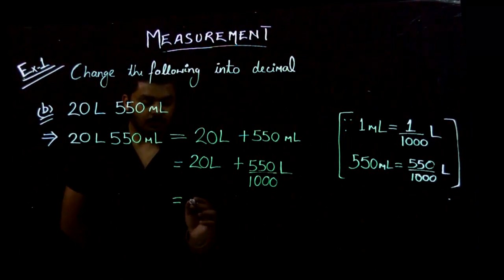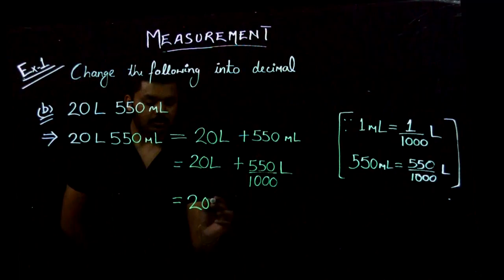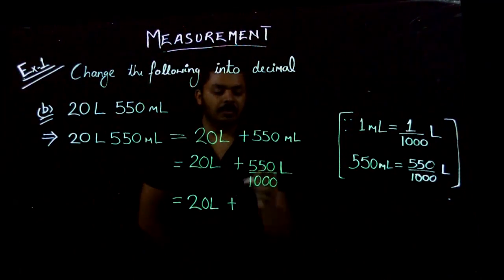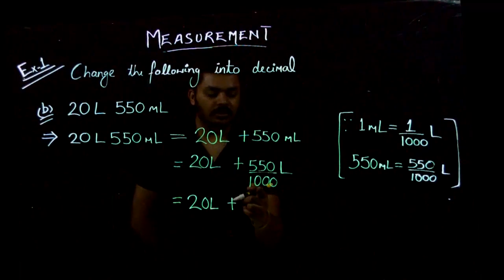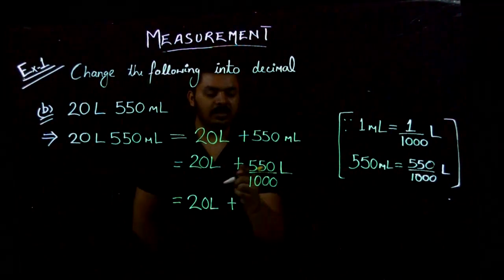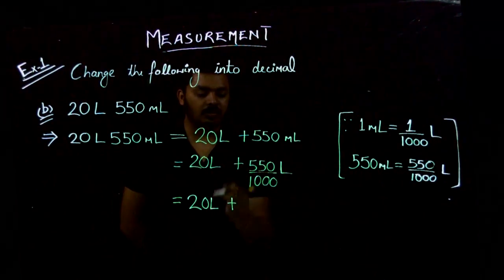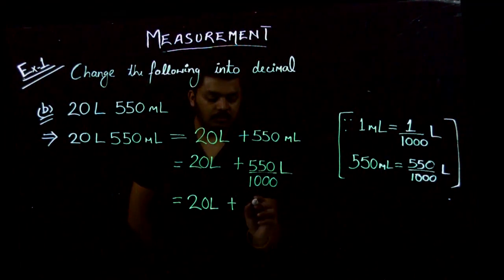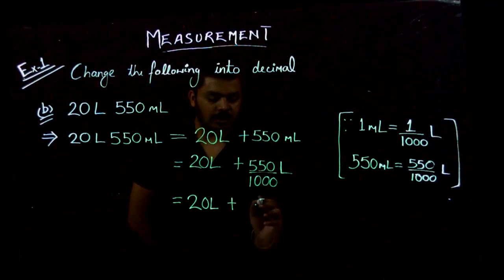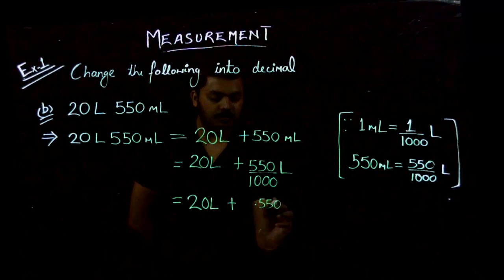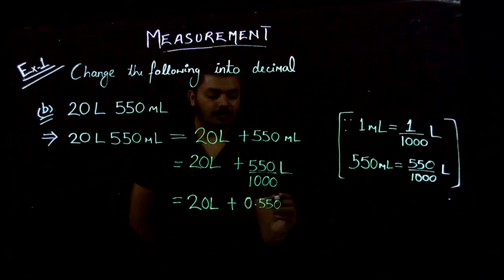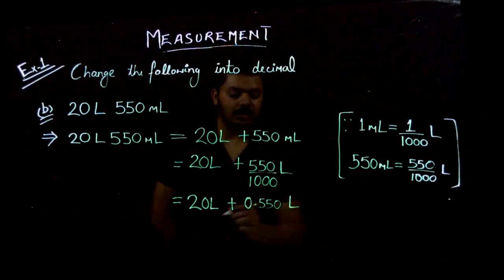Now 20 liter plus, when we divide by 1000, since there are 3 zeros, place the decimal before 3 digits, 1, 2 and 3, so it becomes 0.550 liter.